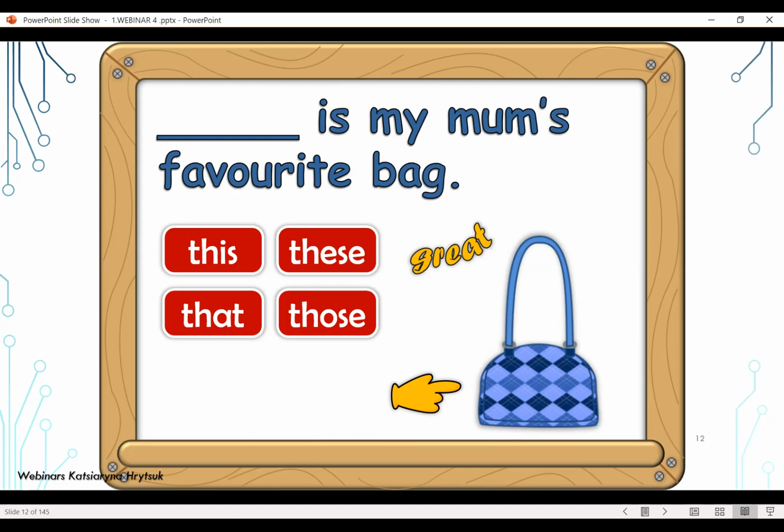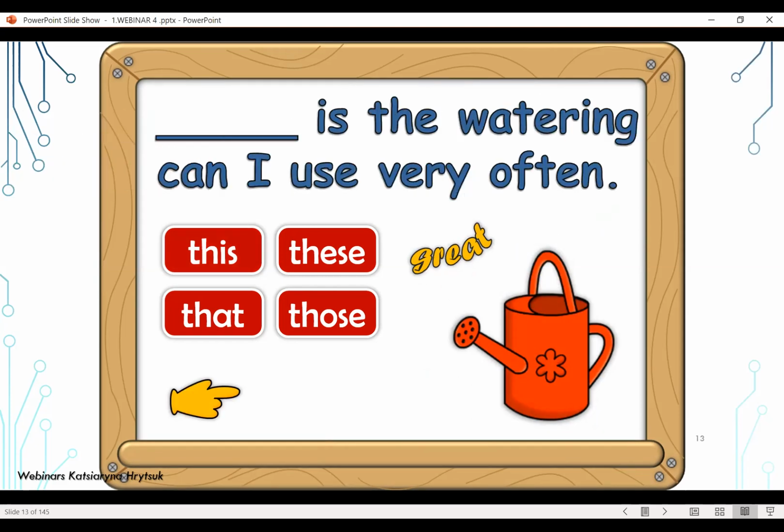Vika. This is my mom's favorite bag. Okay, this is my mom's favorite bag. Good. Sophia? That is the watering can I use very often. Okay. That, absolutely.